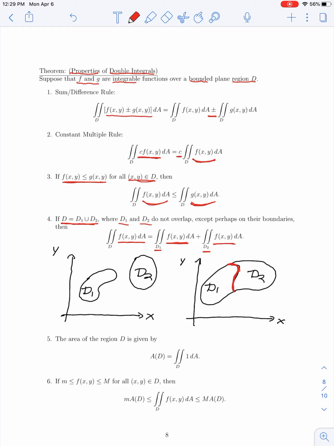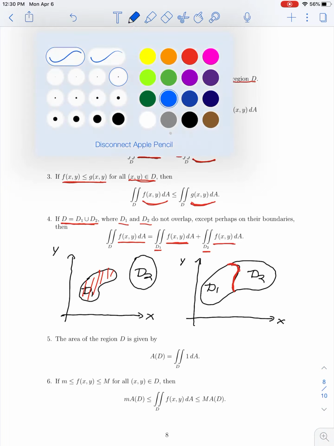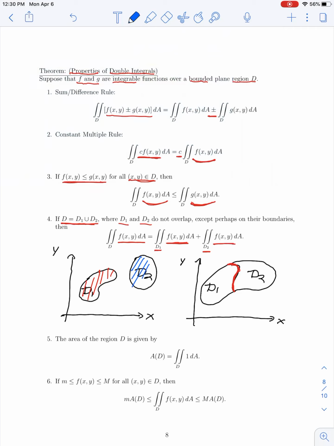Then to evaluate the double integral over the union of those regions, we could evaluate the double integral over each individual region, say first over D1 and then over D2, and then sum those values to get the desired double integral.